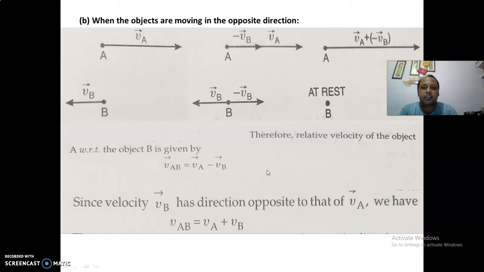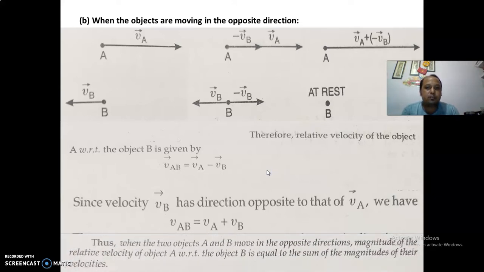So that is called the relative velocity. I hope this is clear to you. The same thing is written here. When the two objects A and B move in opposite direction, the magnitude of the relative velocity of object A with respect to object B is equal to the sum of the magnitudes of their velocities.